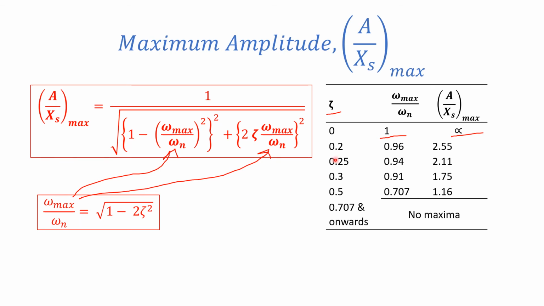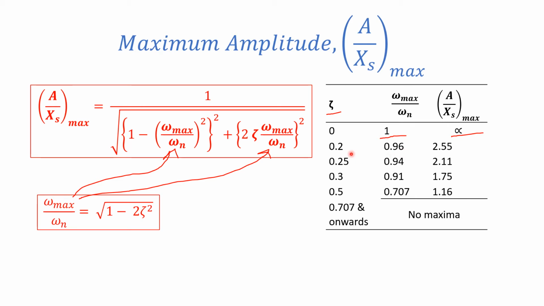Then we go on increasing zeta. Say zeta we increase to 0.2. Omega maximum to omega n value is 0.96. It means now we get maximum amplitude at omega less than omega n, before the resonance.